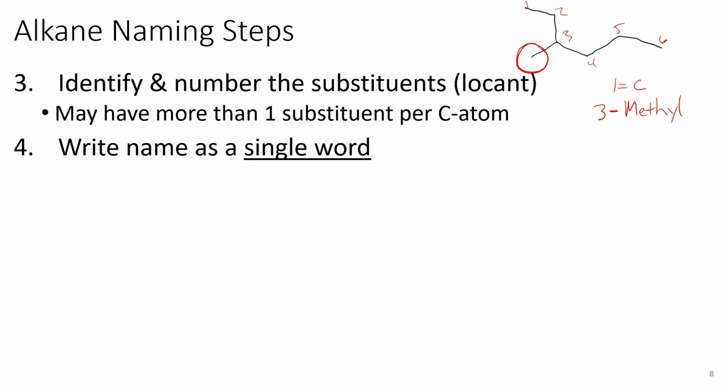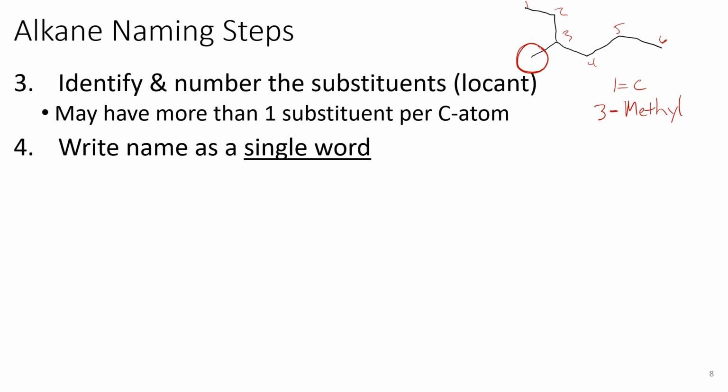So from here, we're going to write our name, and we're going to write our name as one word. And the key here is it's one single word. There are no spaces in our organic nomenclature, unless I tell you a couple of exceptions. But for the most part, there are no spaces in our word. And I will tell you right now, SmartWorks is very, very picky. You have to have the correct format to get the answer correct, which means if you include any spaces, it will mark you wrong.